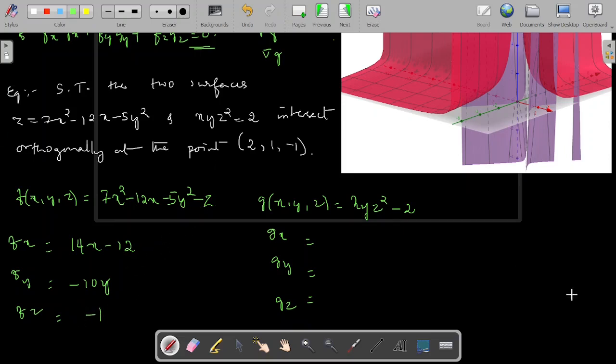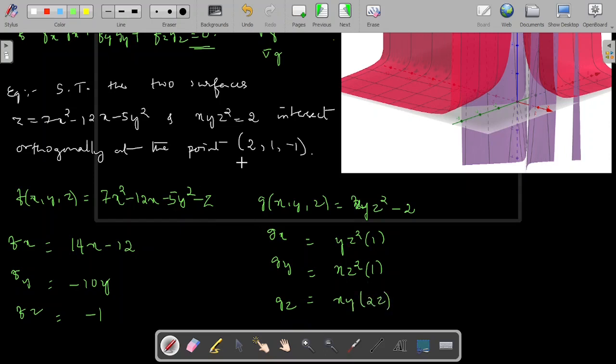Rest all terms 0. gx, this is x. So it is yz square constant, derivative of x is 1, derivative of 2 is 0. Then with respect to y, xz square constant, derivative of y is 1. With respect to z, xy constant, derivative of z square is 2z.